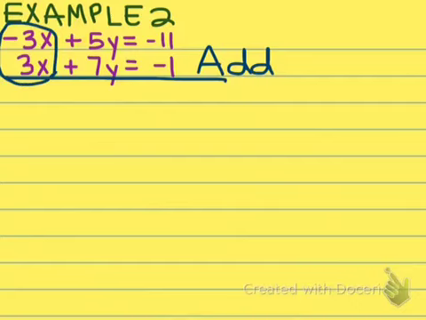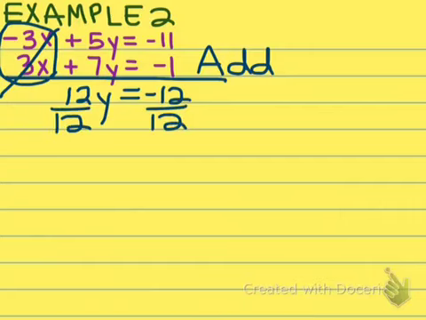So x has been eliminated. 5 plus 7 is 12, so we have 12y equals negative 11 plus negative 1 is negative 12. Now we have a one-step equation that we do know how to solve. So let's divide both sides by 12 to get y equals negative 1.